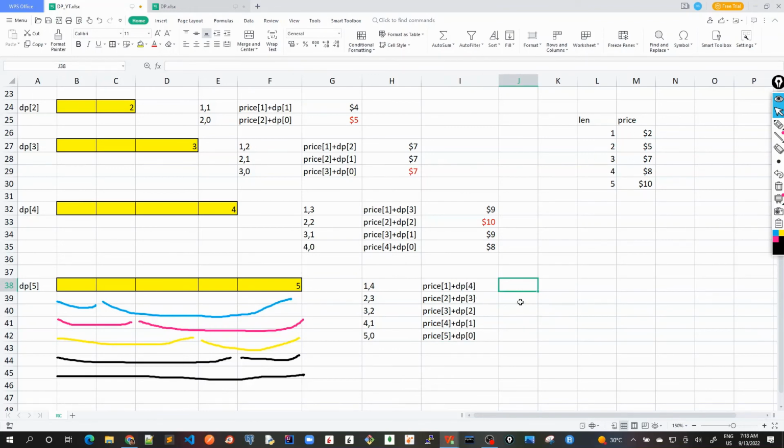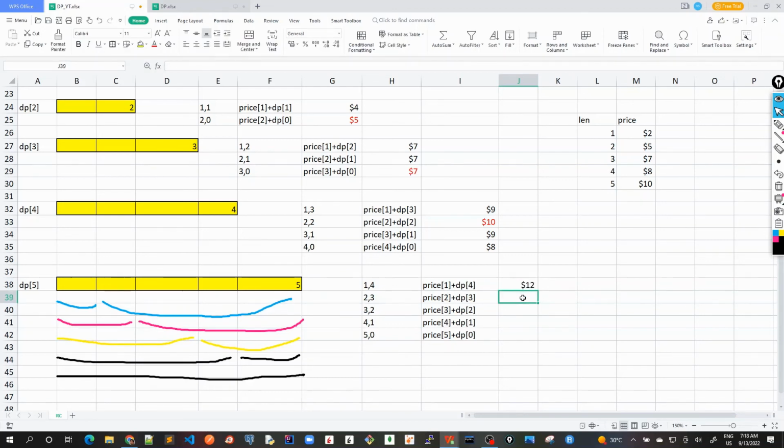Now price 1 is 2, 2 plus dp4 is 10. Let's calculate it quickly. $12. Price of 2 is 5 and dp of 3 is 7, again 12. Price of 3 is 7 and dp of 2 is 5, this is again 12.